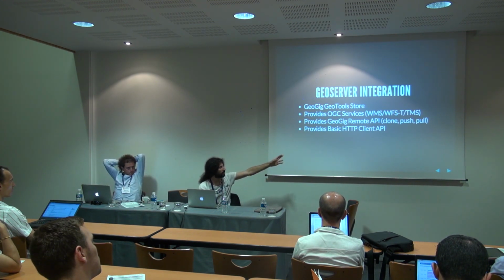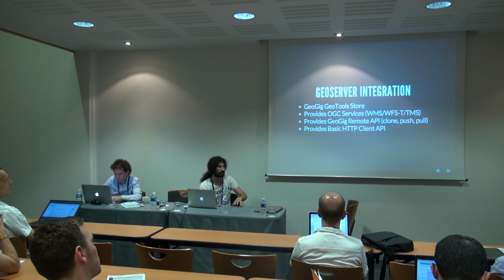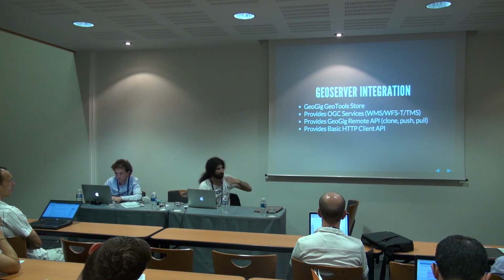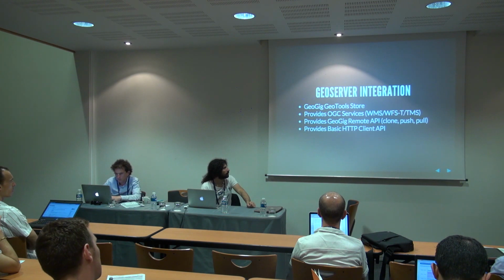By using the WFS transactional service, you can modify your data. So you can provide this capability to the user of that client to edit your data, actually, right? And there's a basic HTTP client API as well that allows you to do some GeoGit operations as well, right?